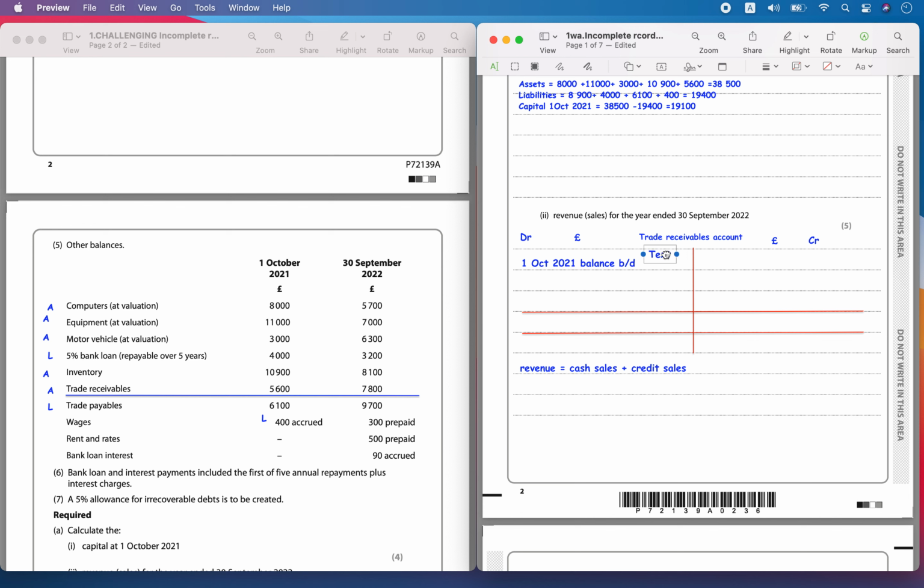So let's write that, it is going to be 5600. Then the ending balance, as on 1st October 2022, is going to be 7800. So let's write that, 7800.